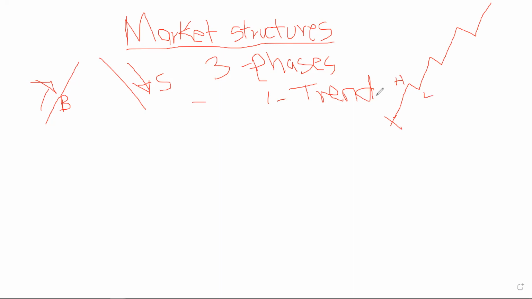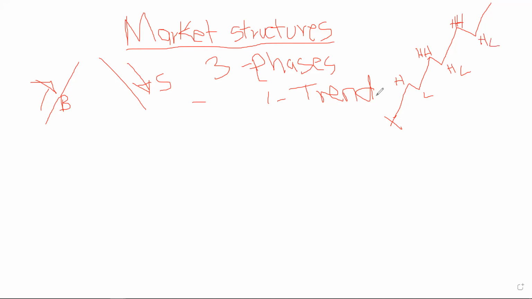But then this one here is a higher high, and this one is a higher low. Basically, that's how it goes. This is another higher high, but even though this is a low, it is a higher low.